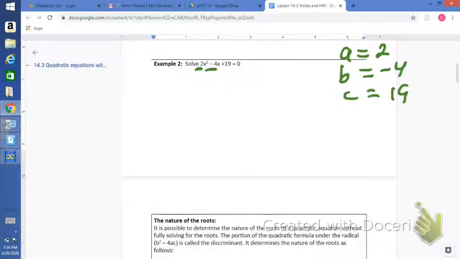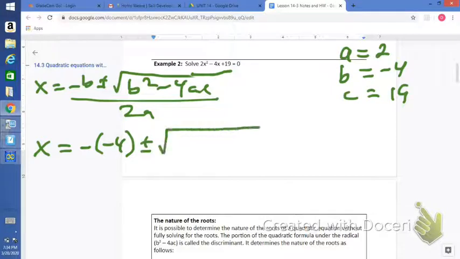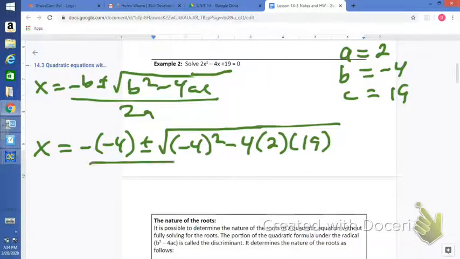Alright, and then our quadratic formula, x equals negative b plus or minus the square root of b squared minus 4ac all over 2a. Plug in. So negative times the negative 4, which is our b, plus or minus the square root of b squared, so negative 4 squared minus 4 times 2 times 19, all over 2 times 2.